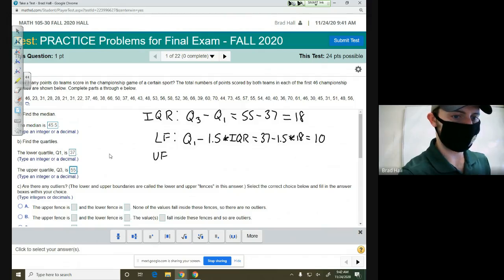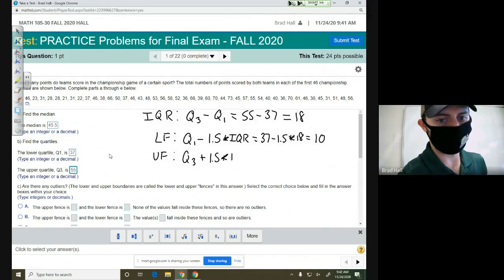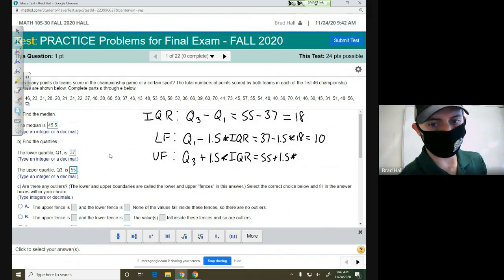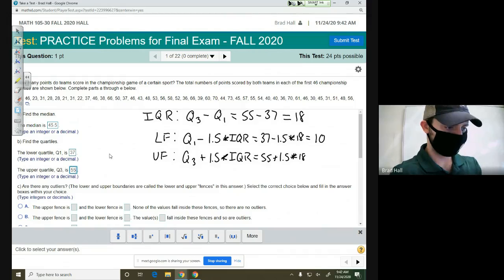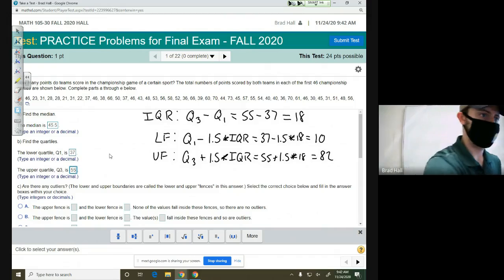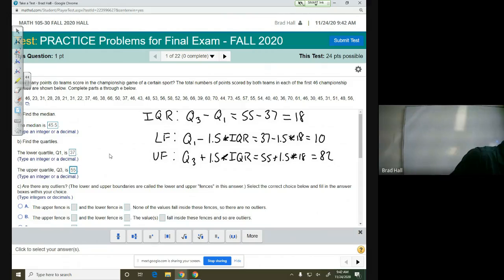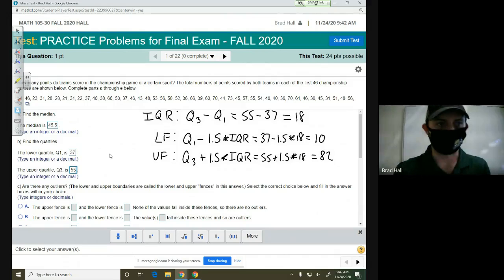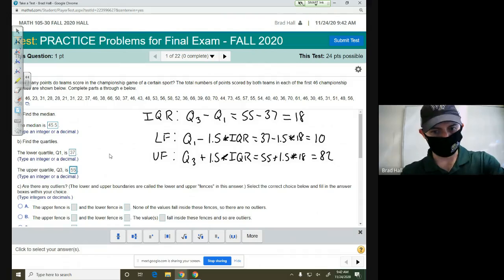The upper fence is Q3 plus 1.5 times IQR. So it's 55 plus 1.5 times 18. Which is 82. So we found that the lower fence is 10, the upper fence is 82.